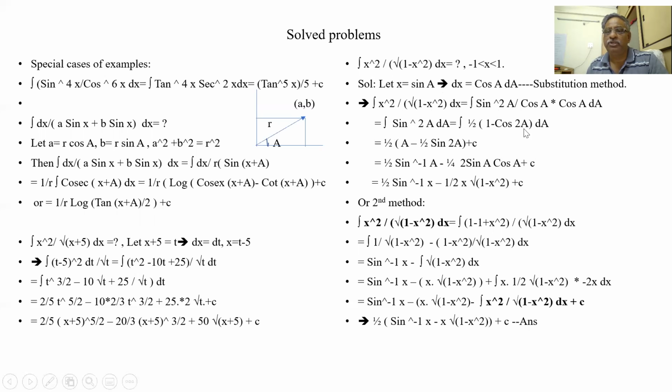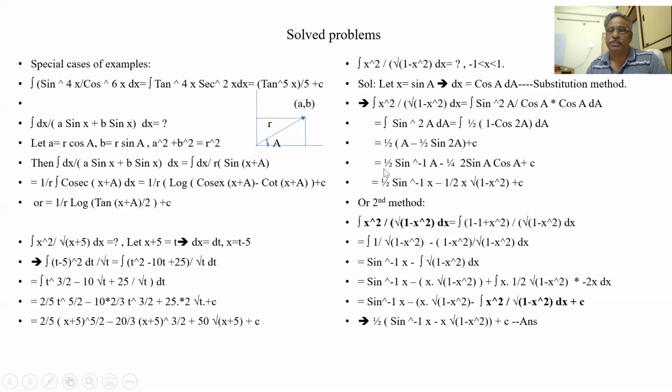This we can write in cos 2 theta format: integral of 1 minus cos 2 theta by 2 d theta. This is simple: half into theta minus sine 2 theta by 2. Theta is difficult to type, so I am putting a, which is easy. So half sine inverse a minus half into 2 sine a cos a plus c.